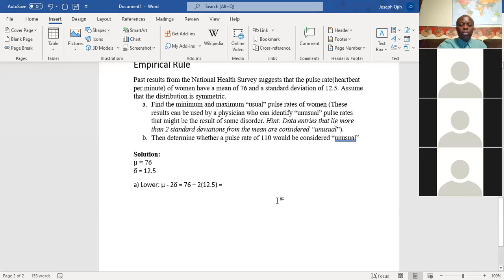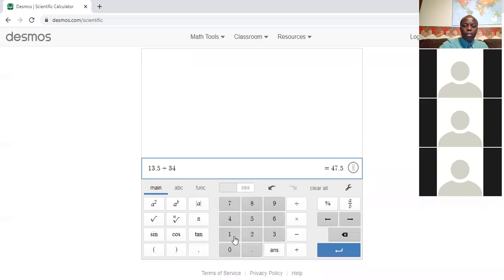Let me write it down so you can work it out on the calculator: 76 minus 2 times 12.5. I'll take you to the calculator. 76 minus 2 times 12.5.